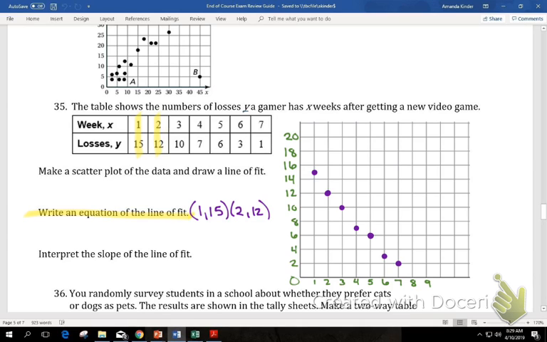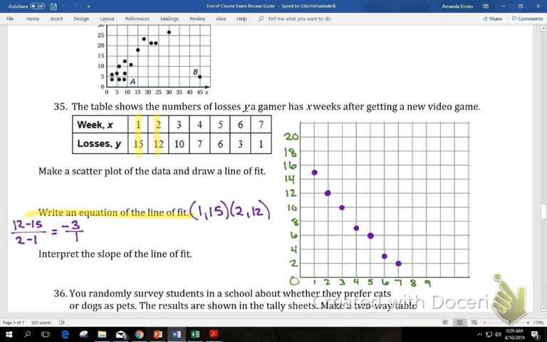Did you pull those out? All right, so what goes in my numerator to find slope? Say it with me. 12 minus 15 over 2 minus 1. What's 12 minus 15? -3 over 1.